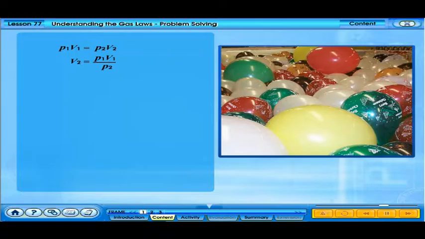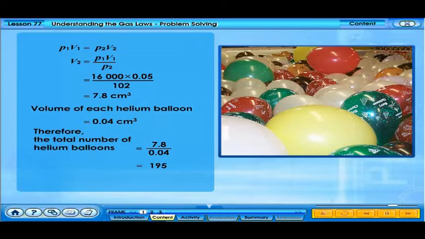P1 V1 equals P2 V2. V2 equals P1 V1 over P2 equals 16,000 times 0.05 over 102 equals 7.8 cubic centimeters.